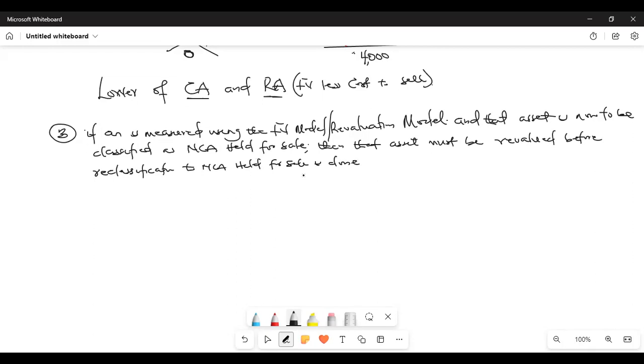Now, when you do the revaluation, any revaluation gain or any differences in revaluation that you get will go to your P&L, and will match the impairment loss that is existing.